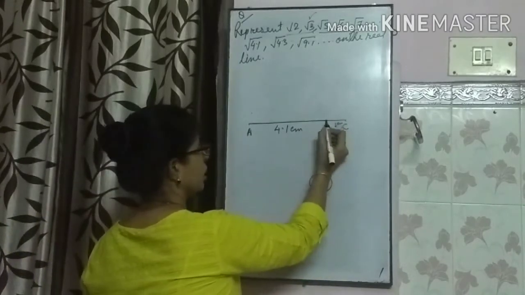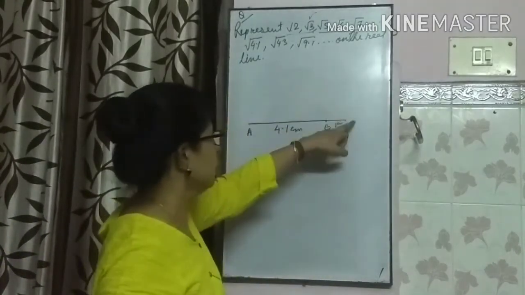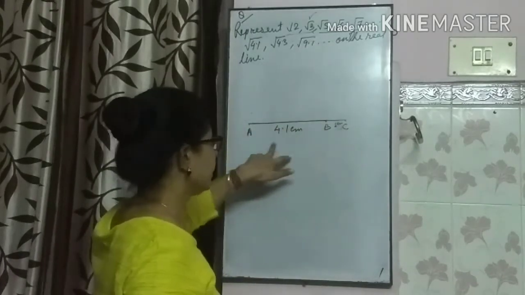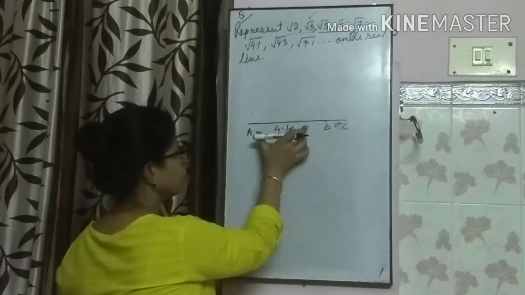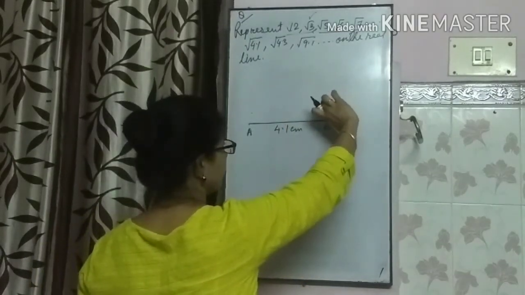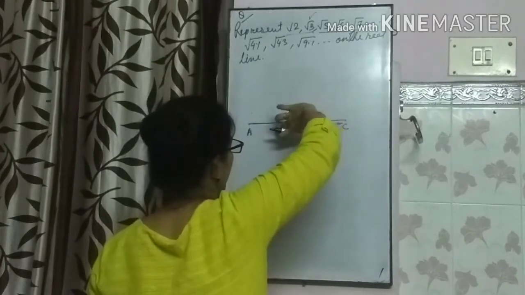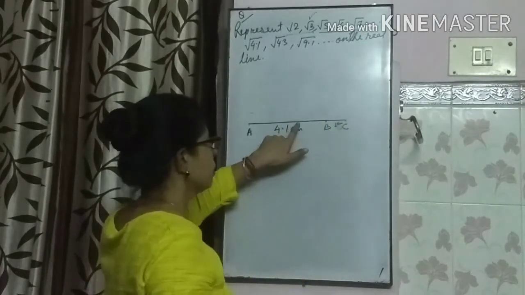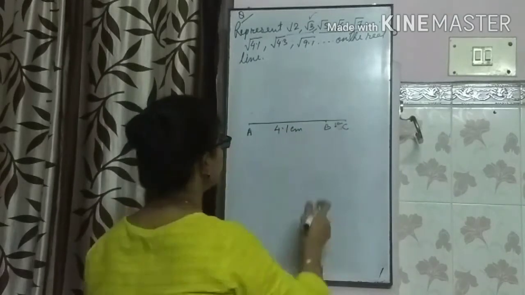Now we need to make an arc by taking AC as a diameter. So what we do, we find the radius of it. You can bisect it by the bisection method. By taking more than half, you can get the middle point, or by measuring also you can find.